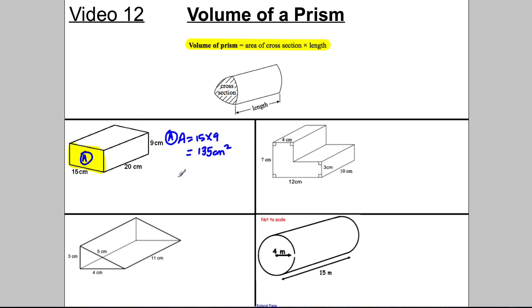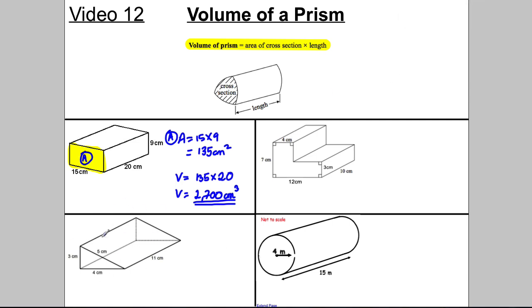So therefore the volume of this shape would be that 135 multiplied by 20, and that would turn out to be 2,700, and the unit of volume would be centimeters cubed in that case. So our answer would be 2,700 centimeters cubed.